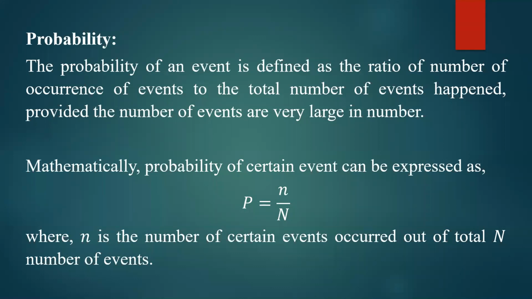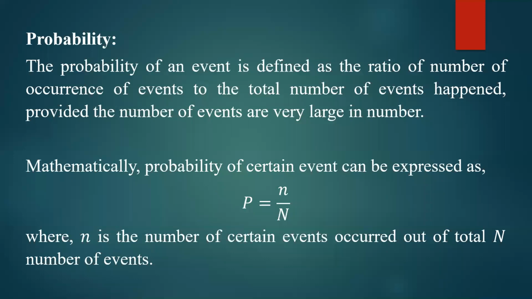Provided the number of events is very, very large, that is how probability is defined. Remember this: it is defined as the number of a certain event divided by the total number of events.